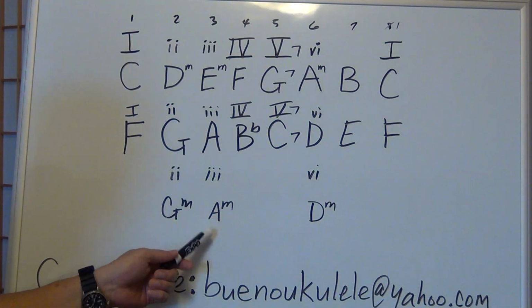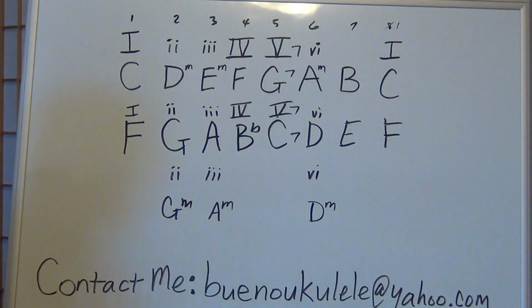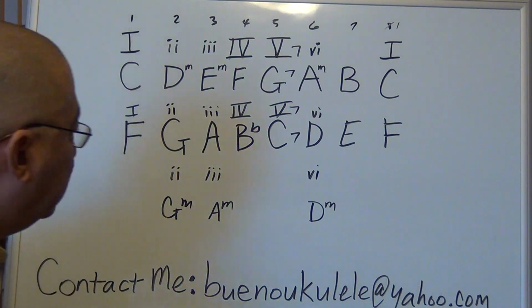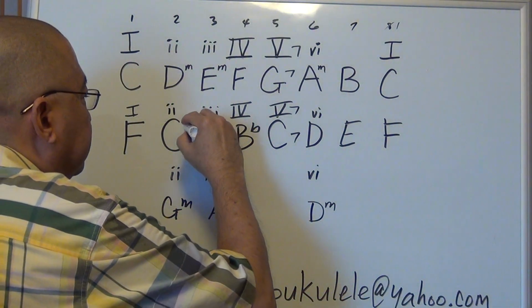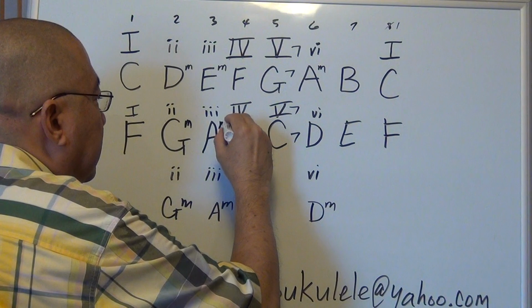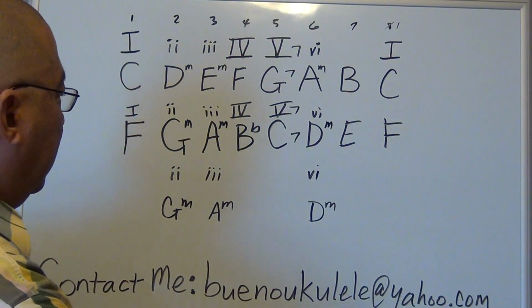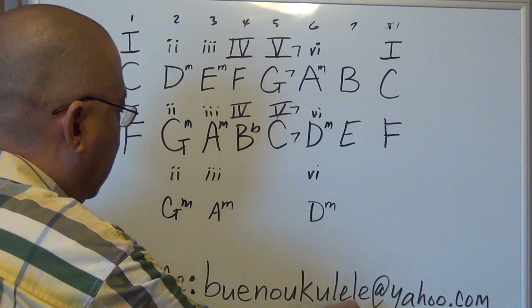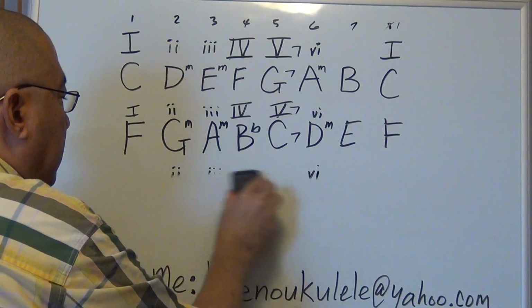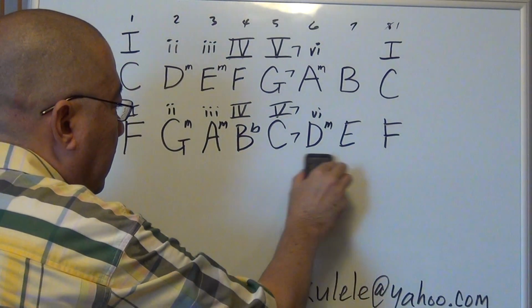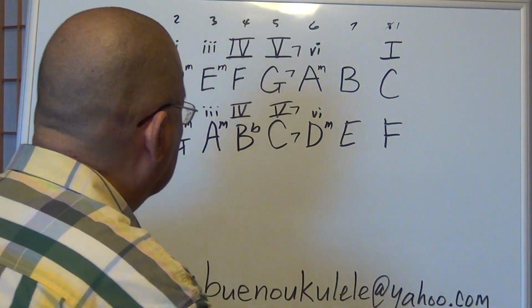And these are minor chords. So if they're minor chords, I'm going to write in a little m to represent minor. I'm going to go ahead and erase this for now, so it's not to confuse you.